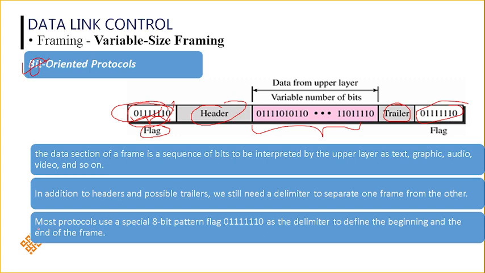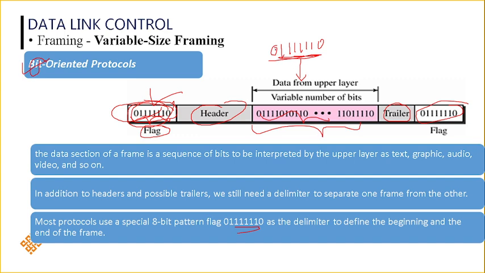For example, here you can see most protocols use a special 8-bit pattern flag as the starting delimiter, as well as one more flag at the ending. But here, as I told you, in case your original information contains this pattern, it should not be mistaken as the end of the frame. So for that, in your original information, if you find 0 followed by 5 ones, like this is what your information is, this actually looks like the indication of the end of the frame, but that is your original information.